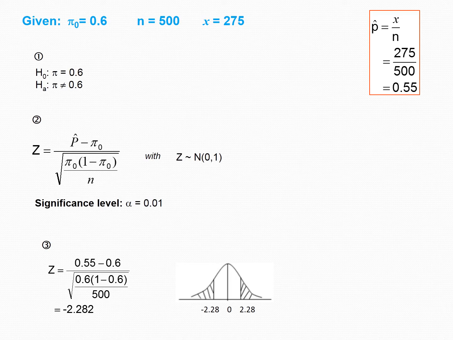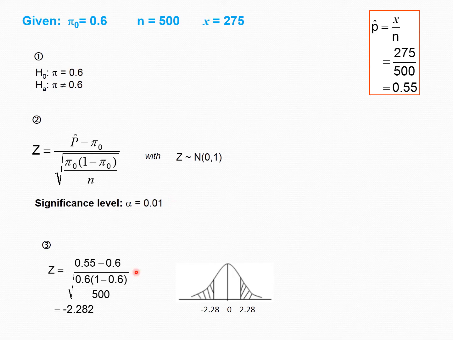So in the null hypothesis in step 1, you will state that the population proportion is equal to 0.6 or 60%, and in the alternative that the population proportion is not equal to 0.6 or 60%. In step 2, we state the formula for our test statistic and the distribution that it follows, and then also the significance level of 0.01.